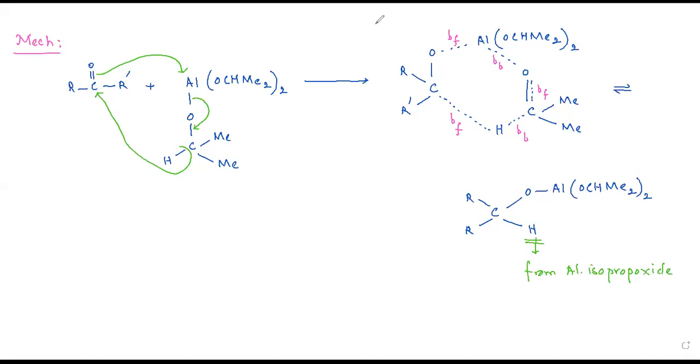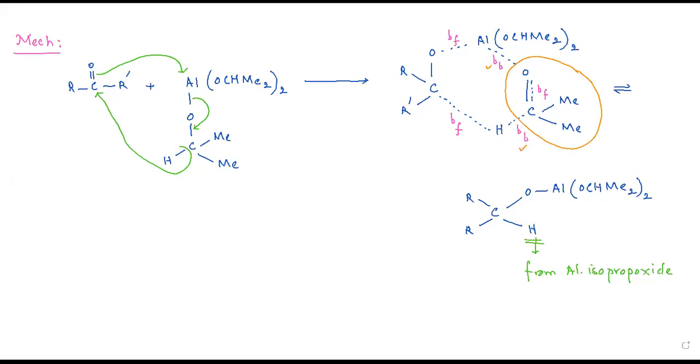Along with that, see the thing we are going to get is this CH3, because this bond is going to get broken and this bond is also going to get broken.